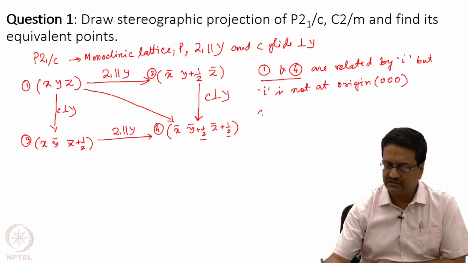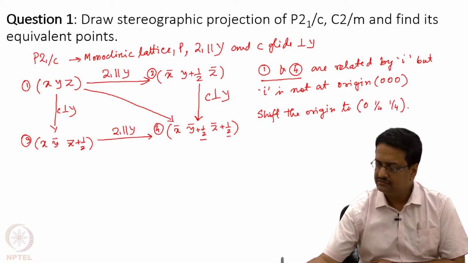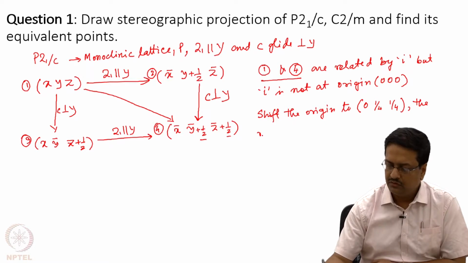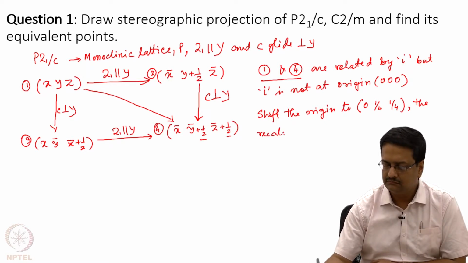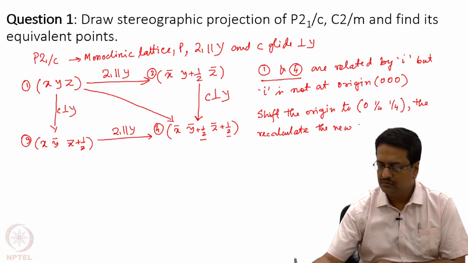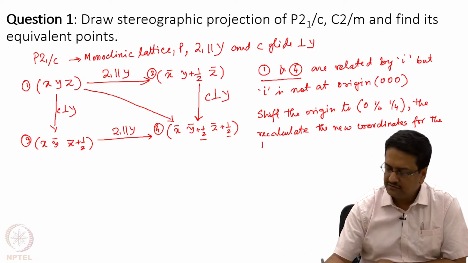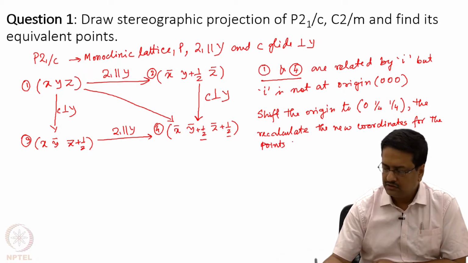So we shift the origin to a new point 0, 1/4, 1/4, and then we should recalculate the new coordinates for the points 2, 3 and 4.